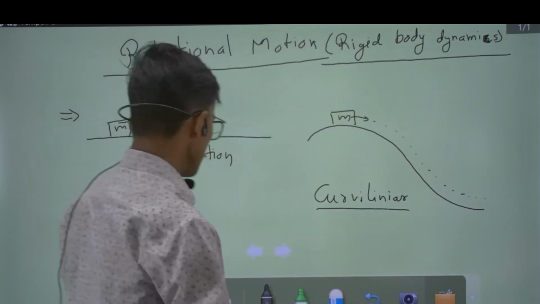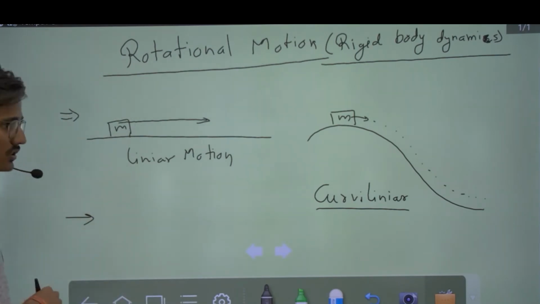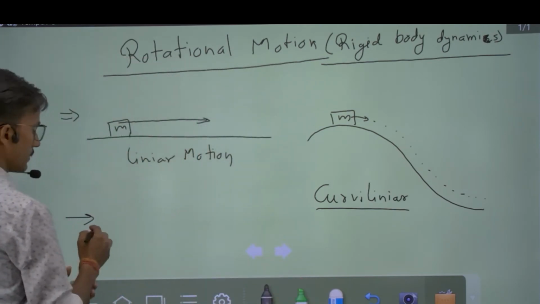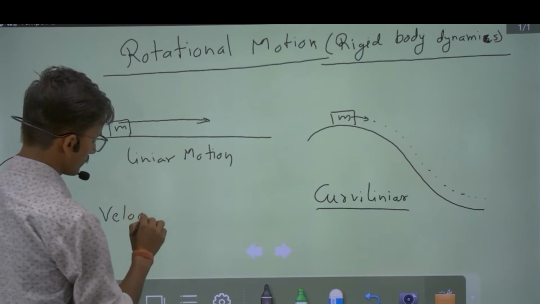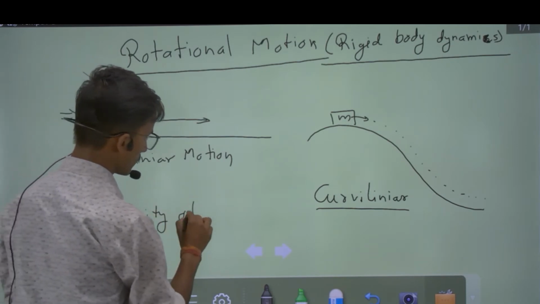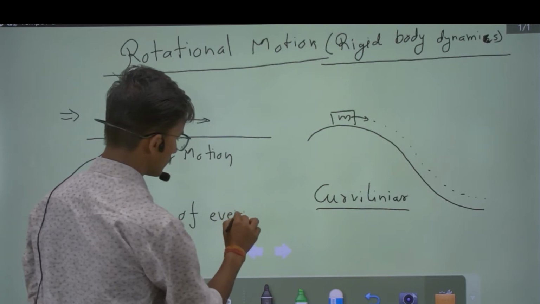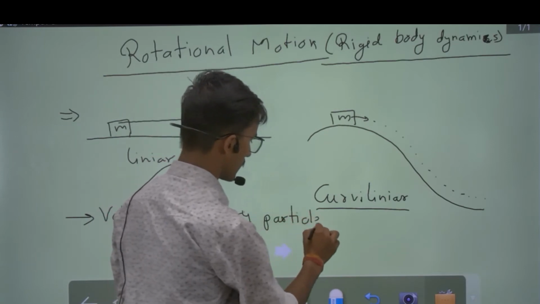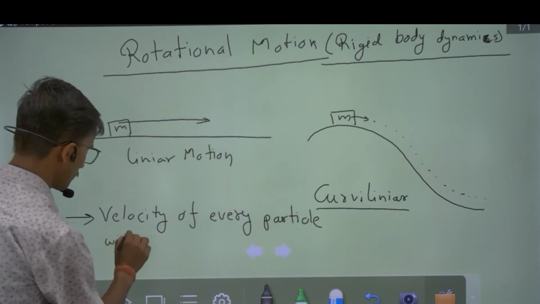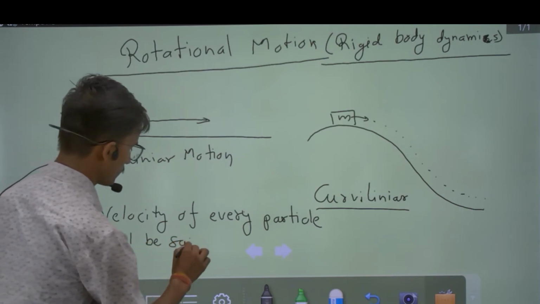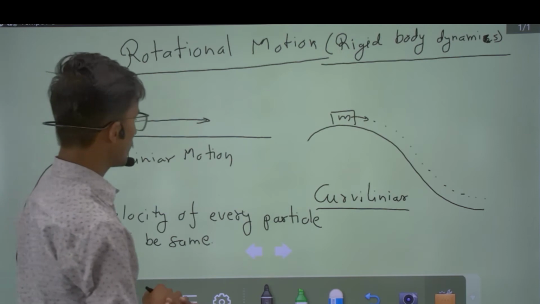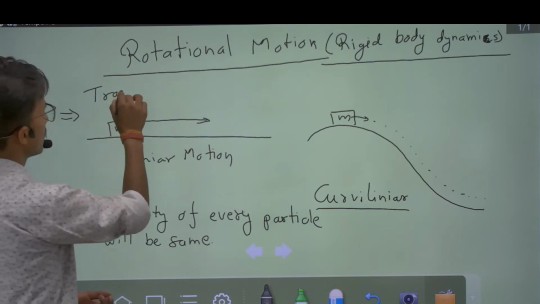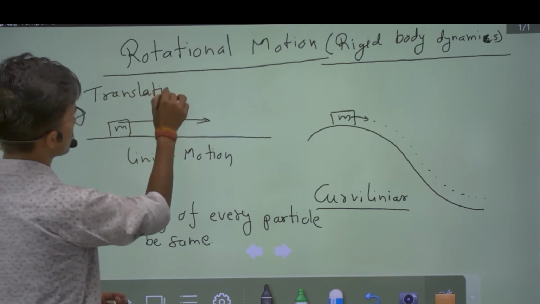What is the important point in this motion? The important point, which we already discussed, is that the velocity of every particle will be the same. Both are types of translation motion.